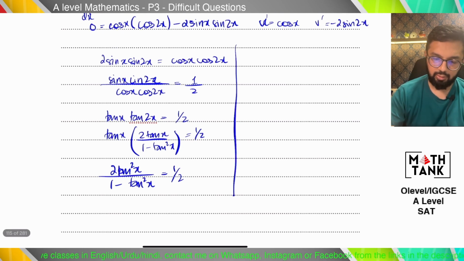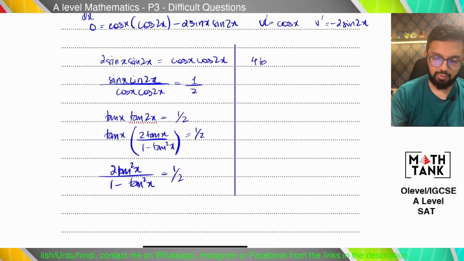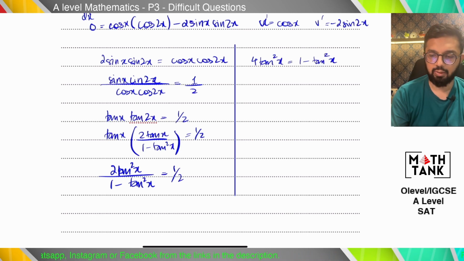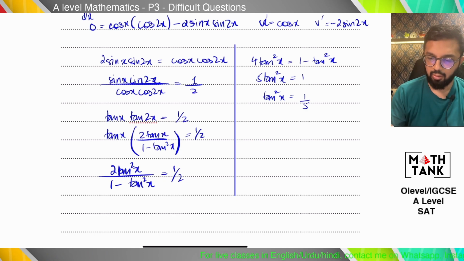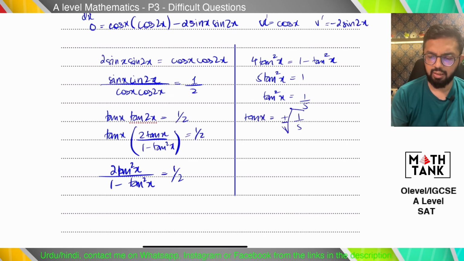I get 4 tan square x equals 1 minus tan square x. 5 tan square x equals 1, and tan square x equals 1 over 5. Then I take a root and say that this is plus minus, but obviously I just need the first answer, so I'm going to take the first one and get done with it.